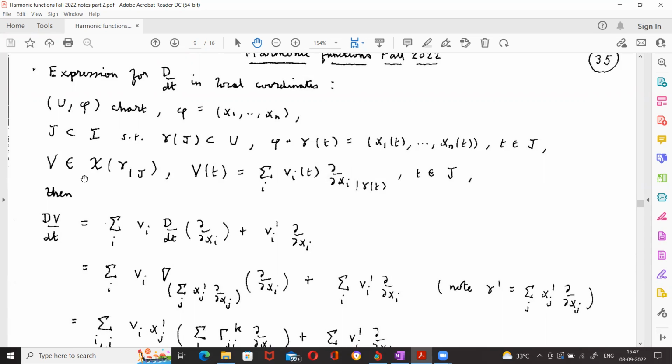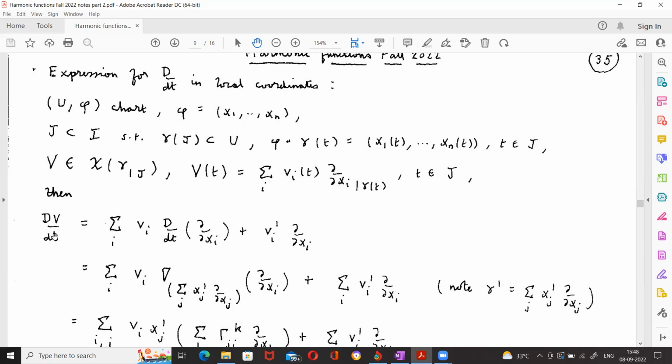So now let V be a vector field along gamma restricted to J. Then V(t) I can write as the summation of Vi(t) ∂/∂xi at gamma(t), for some functions Vi. So then I use the properties of the covariant derivative, linearity and the Leibniz rule.